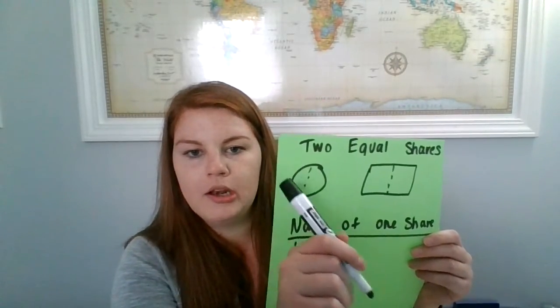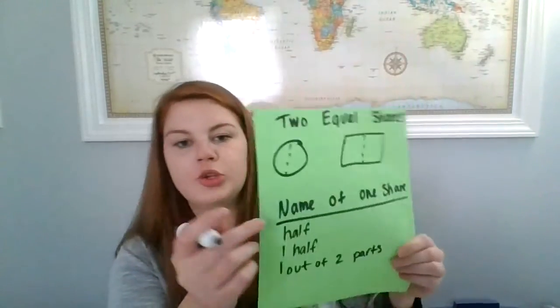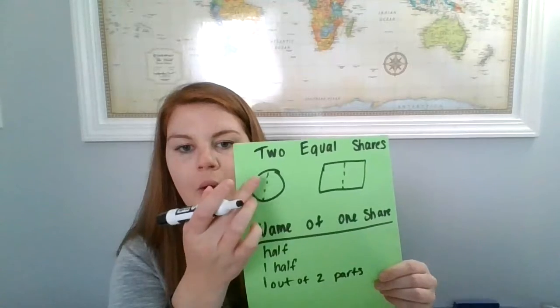I see 1, 2 parts. There's 2 parts. So you could have 1 out of 2 parts. Okay? So that's the names of one side of the share. So you could say, well, I got half, I got 1/2, or I got 1 of 2 parts.